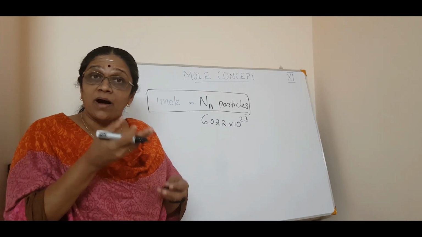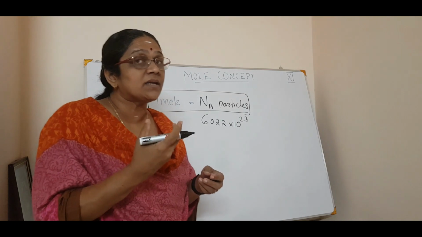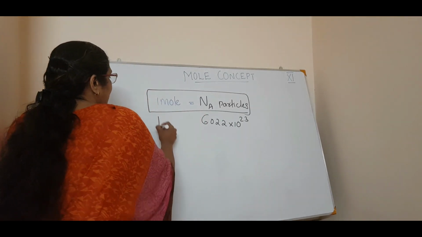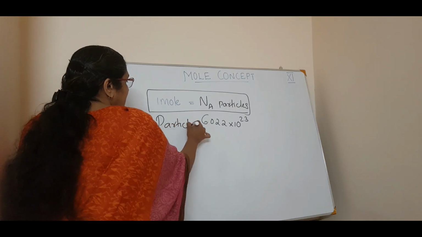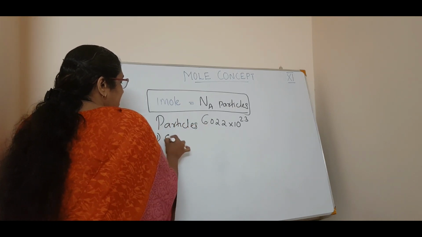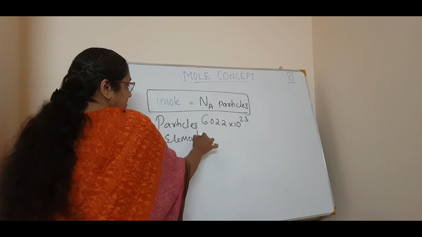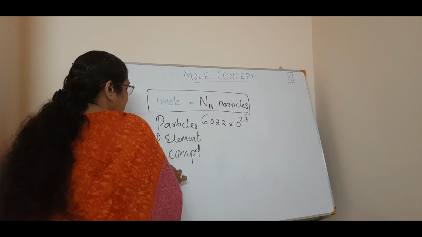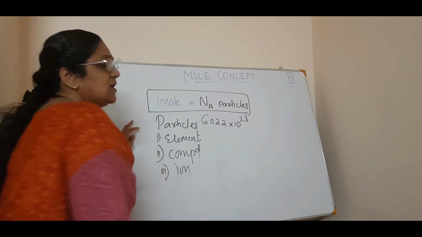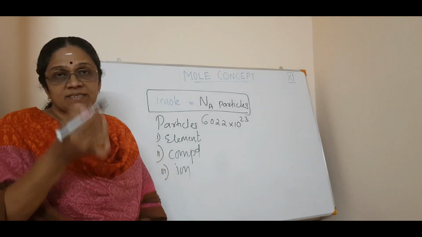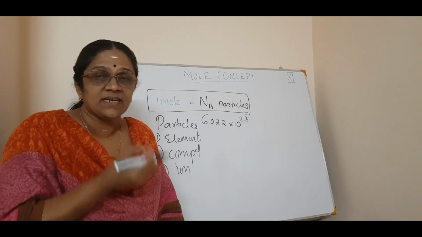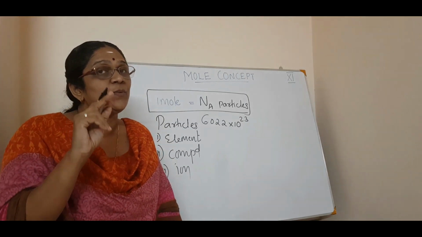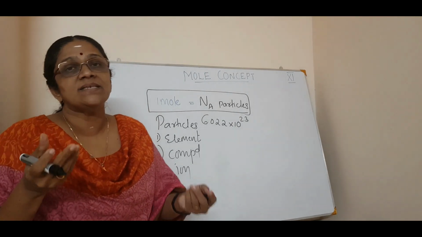Now what do you mean by particles? The particles can be of 3 types. It must be an element, or it must be a compound, or it must be an ion, isn't it? So, the amount of particles present in exactly one atom of a carbon-12 isotope, that is called a mole.